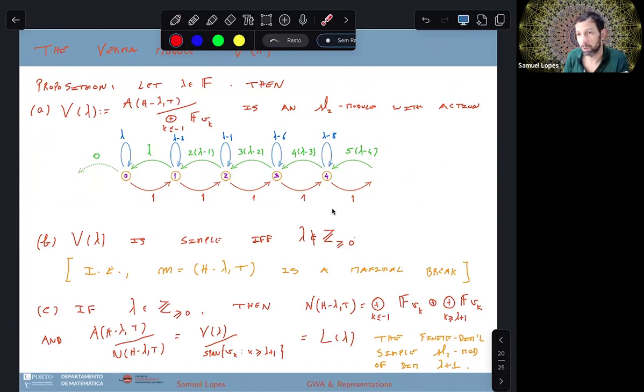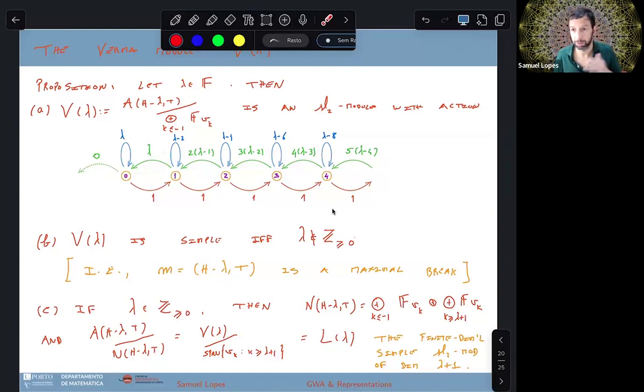So this is looking more like what we're used to in SL2. Here the element E will be sending this to 0, and the element F is just constructing all of the module from this vector on. And the element E is acting with these eigenvalues. This will certainly always be a module.